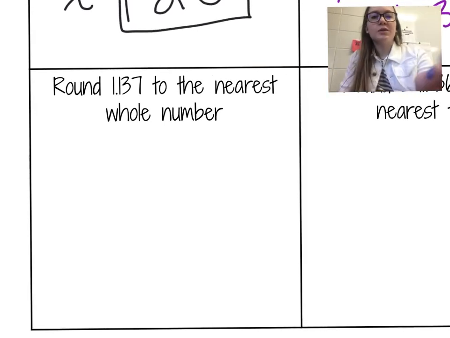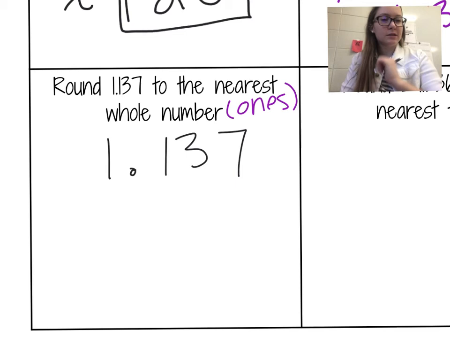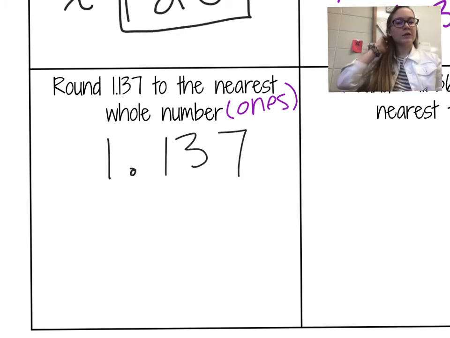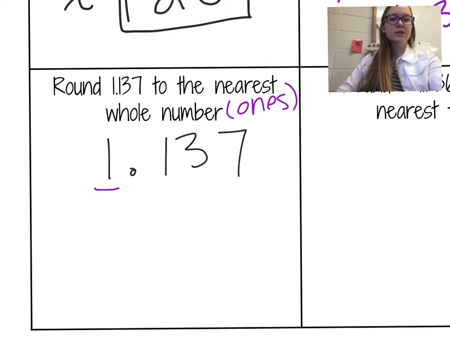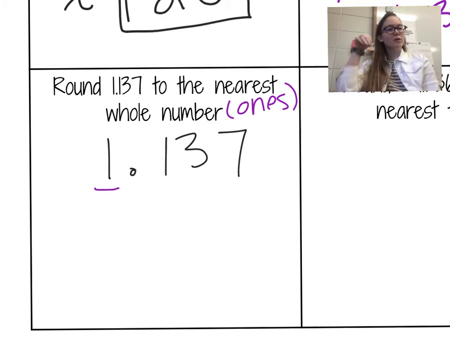Round 1.137 to the nearest whole number. Remember that that means the ones place. Okay? So I find my place. Here's the ones place. I look next door. 5 or bigger, add 1 more. 4 or less, so 1 is less than 4, so we let it rest.